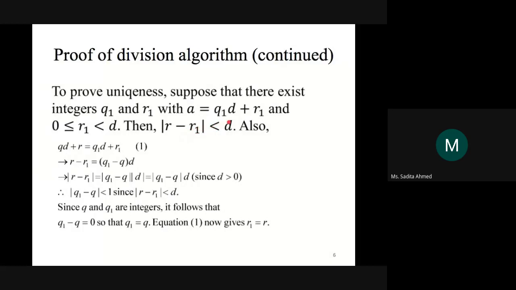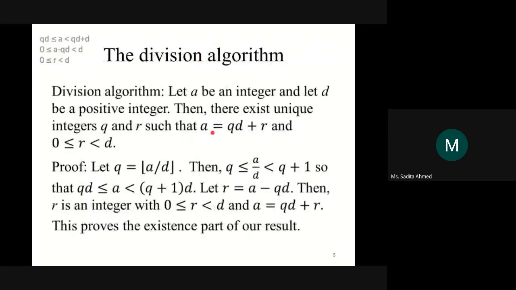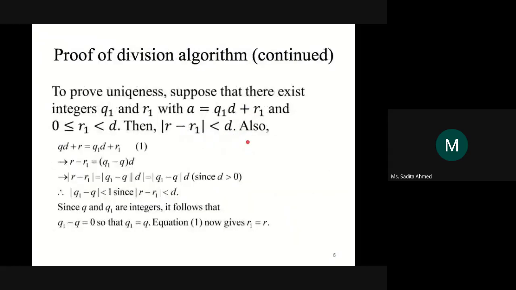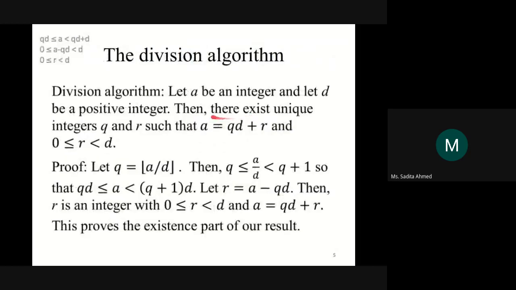Now, if that part is clear to you, in that case, A is equal to QD plus R. And for the same integers A and D, we are saying that A is equal to Q1 D plus R1, for a different set of quotient and remainder. So the left-hand side is the same.